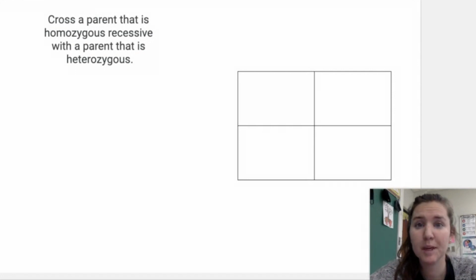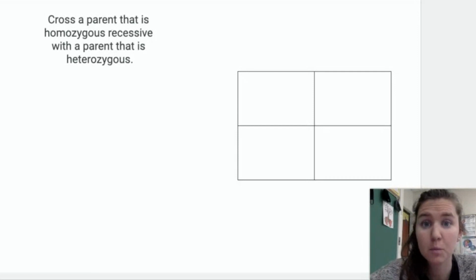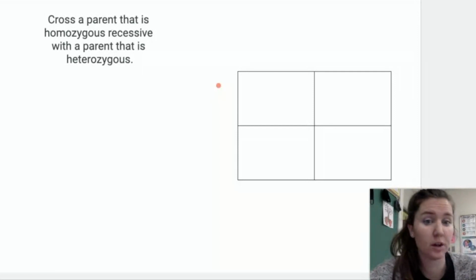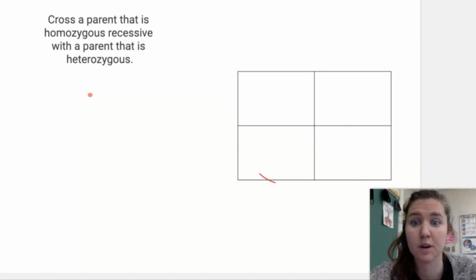So how would we be able to tell then if a child was going to have a widow's peak? Well, we would use something called a Punnett square. So this square is called a Punnett square. But first we need to know the genotypes of our parents. So this practice problem says cross a parent that is homozygous recessive with a parent that is heterozygous.